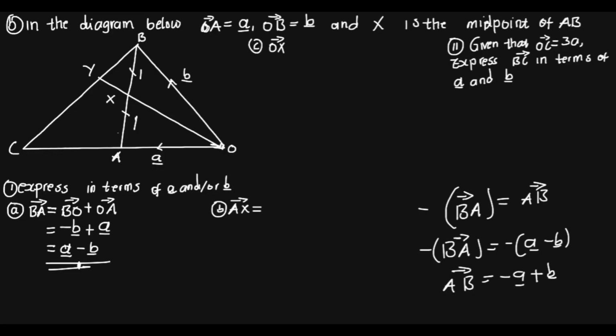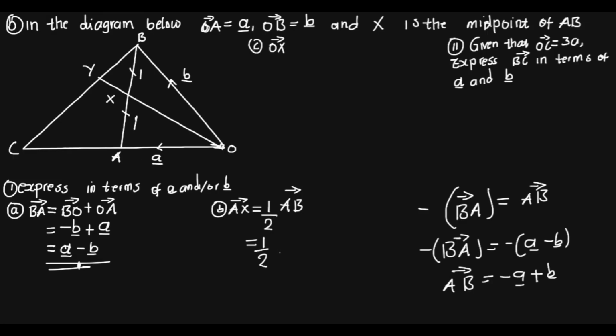So our vector AX is just 1. The 1 is coming from this number that I've written here. So it's 1 over the total ratio, which is 2, of vector AB. So what this means is, from the vector AB, we just need half of it. That is the vector for this one.